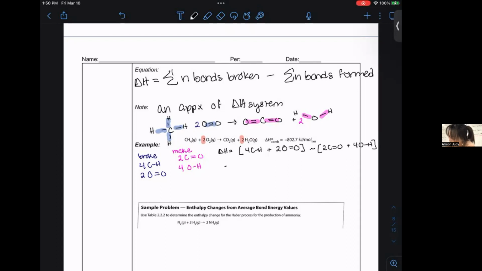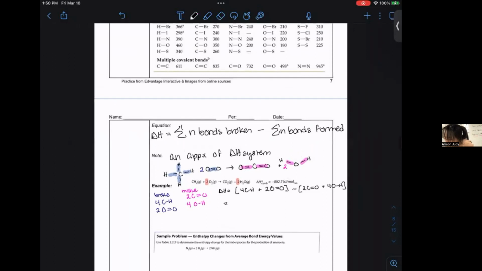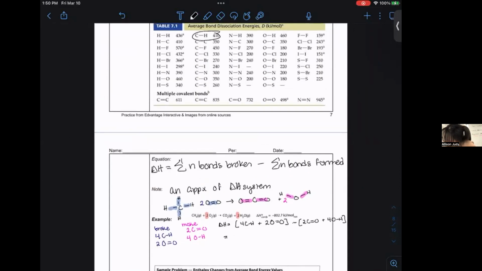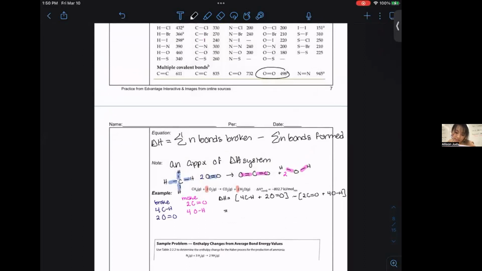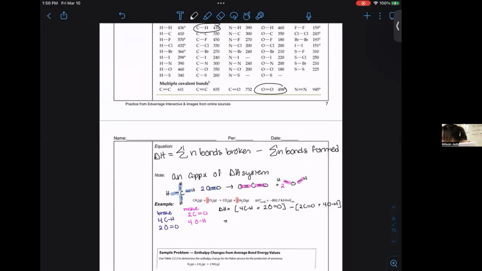Okay, so then what I get is that this would equal 4 times, according to my table, we have CH bonds, we have the C double O bond, and this particularly is the C double O bond in carbon dioxide.